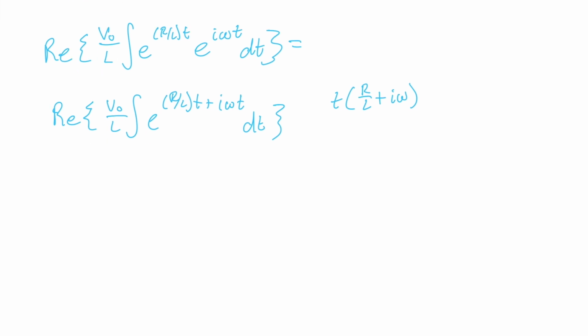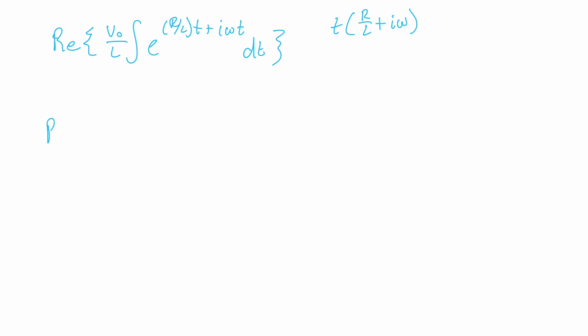And then we're just going to take that down, and we're going to have the real part, V naught over L times the integral of e, which is just 1 over (R/L plus i omega) times e to the (R/L)t plus i omega t.